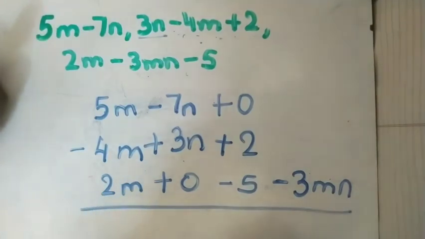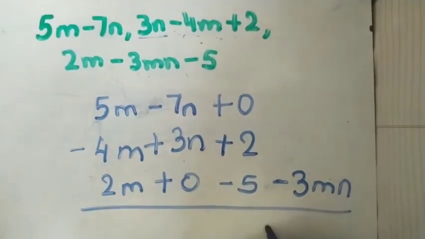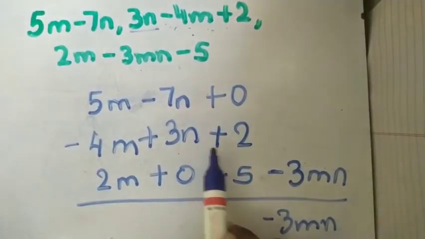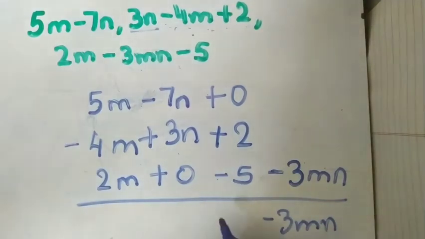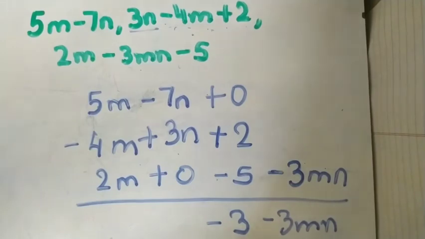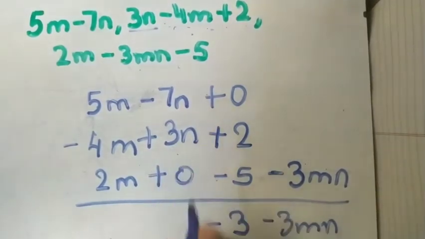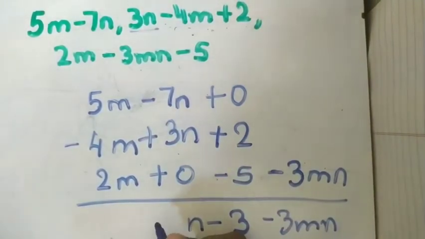So let's solve this. Minus 3mn, nothing is there, so let's write as it is. And next is plus 2 minus 5, that is minus 3. And here that is n as it is, 7 minus 3, minus 4n.